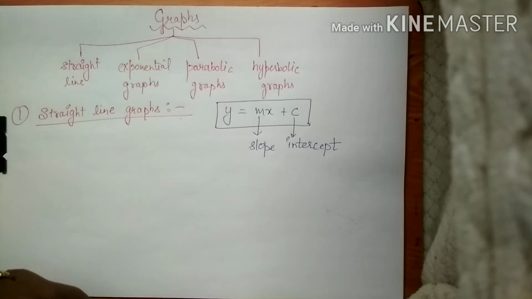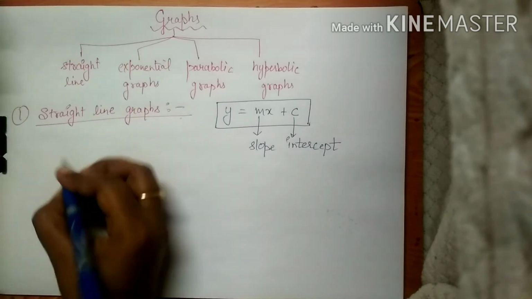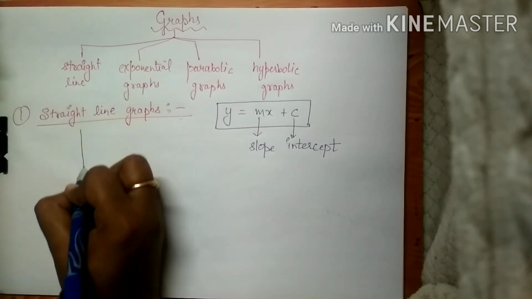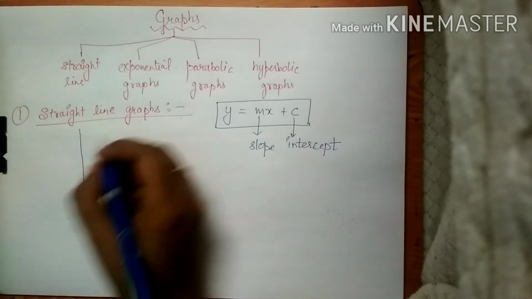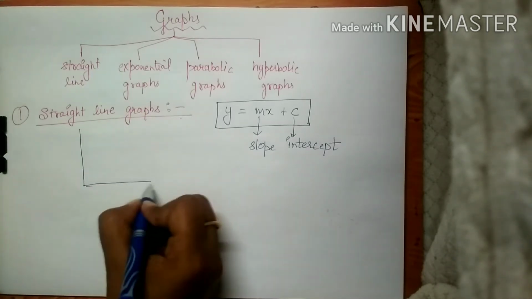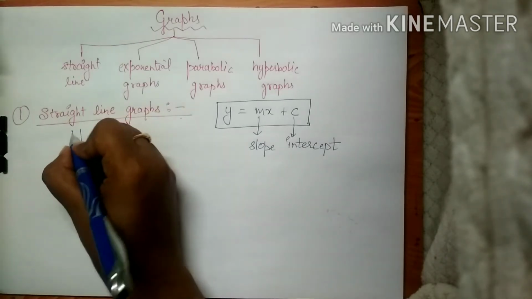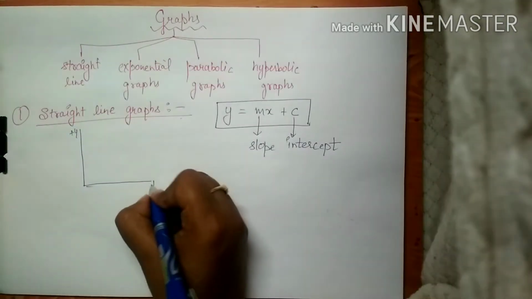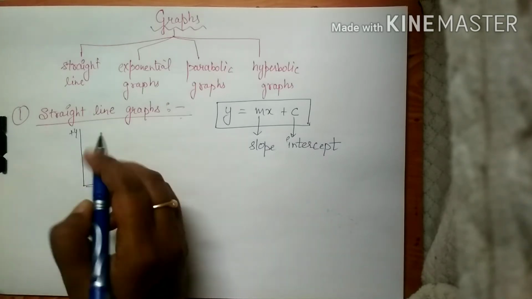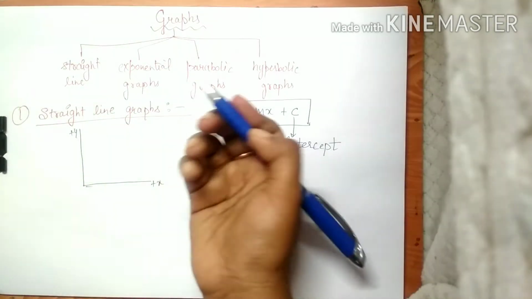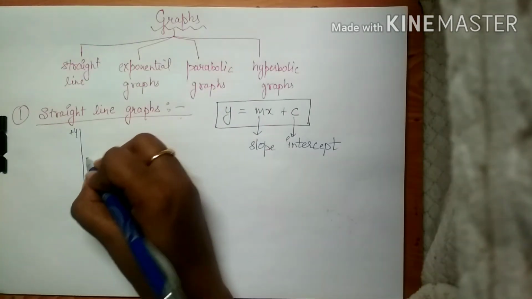Now what is slope and intercept? First, see, while plotting a graph we'll have two axes. One is y and the other will be x-axis. I have taken positive y-axis and positive x-axis. Now when we plot a straight line graph, suppose it comes like this.